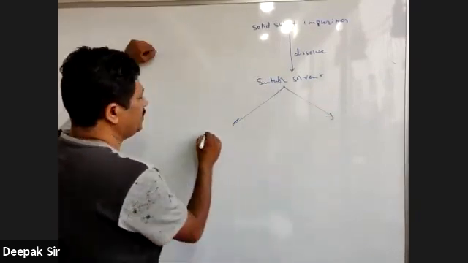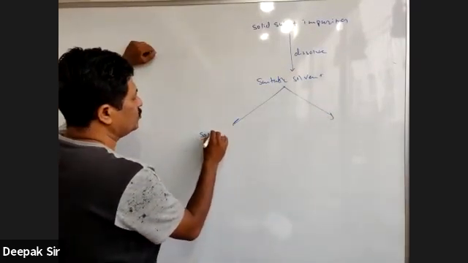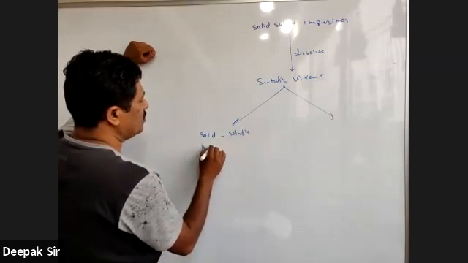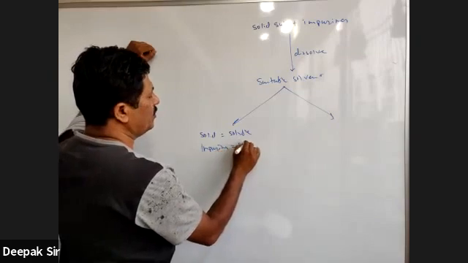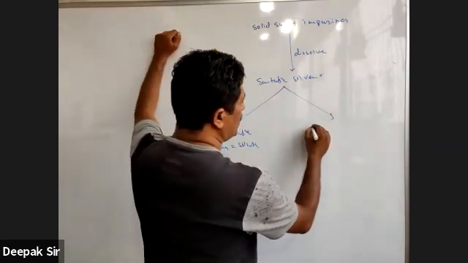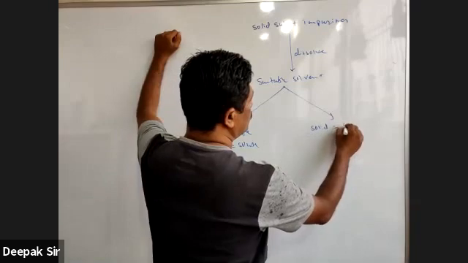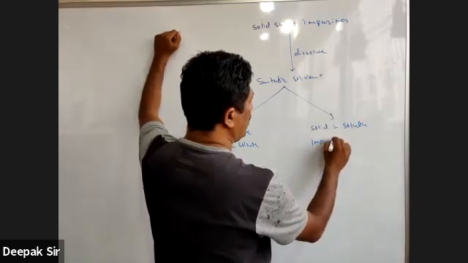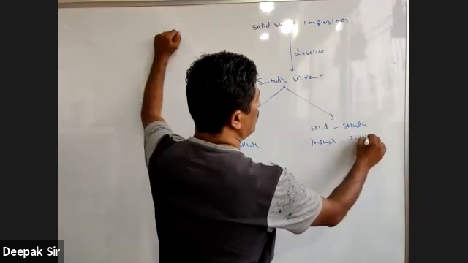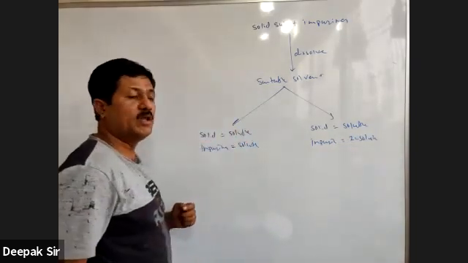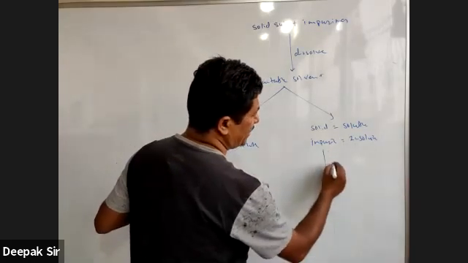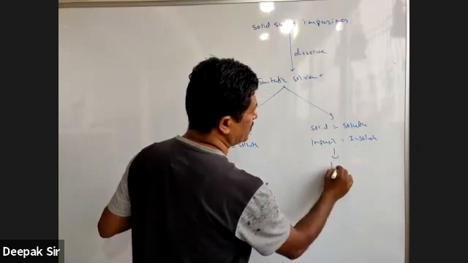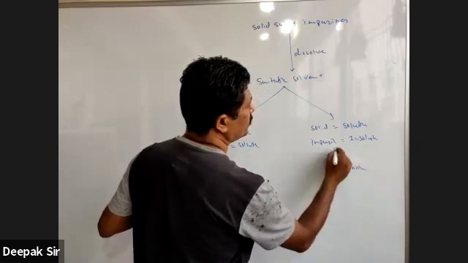Number one possibility: the solid is soluble and impurities are also soluble. That is the first case. And the second: the solid substance is soluble and impurities are insoluble. Here we use the technique called filtration, because impurities are insoluble.